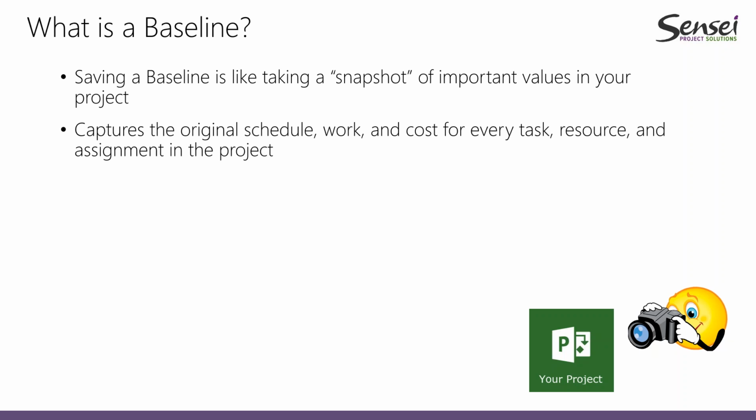As soon as you have a baseline saved, you can get started tracking the progress of the project and comparing the information in your project against what has been planned in the baseline.